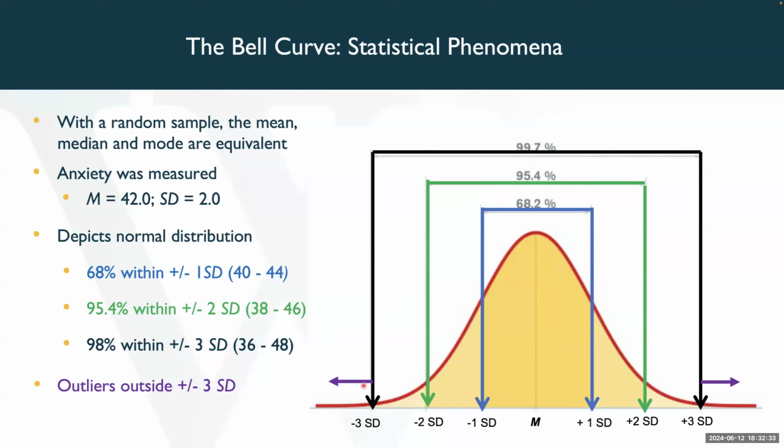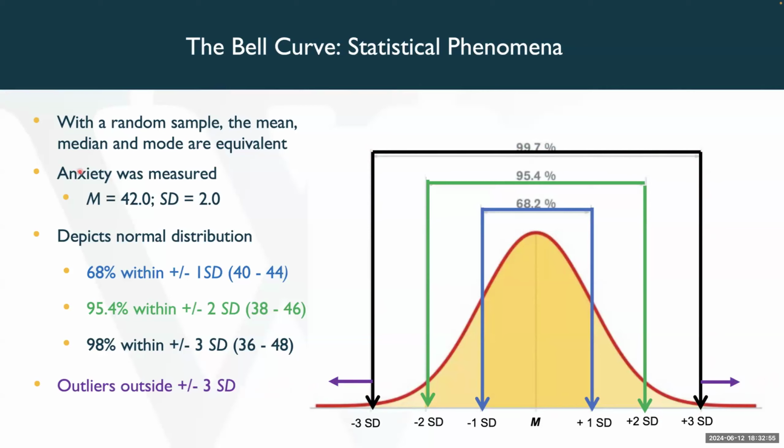Now, what do we have out here in the purple? These are the outliers. These are the individuals that scored extremely low. Over here is that overachiever that had perhaps a 4.5 GPA. This is what we mean by the bell curve, and that's a natural phenomenon, okay?